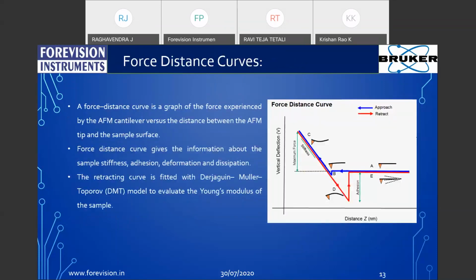So I will briefly explain the force distance curve. Here we are plotting the force experienced by the cantilever when the cantilever is approaching the sample. So when we follow the blue curve, at initial stages, the cantilever won't experience any force. When we slowly lower down, approaching the sample, it experiences small forces and then it touches the sample.